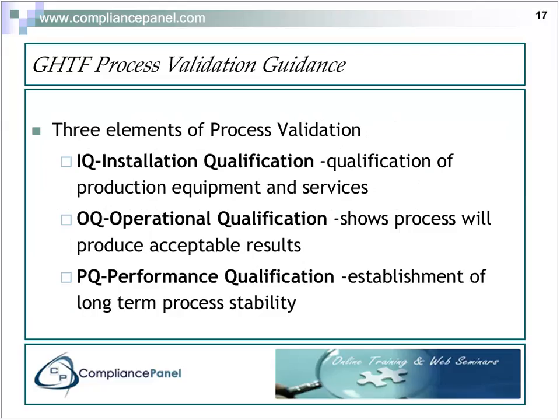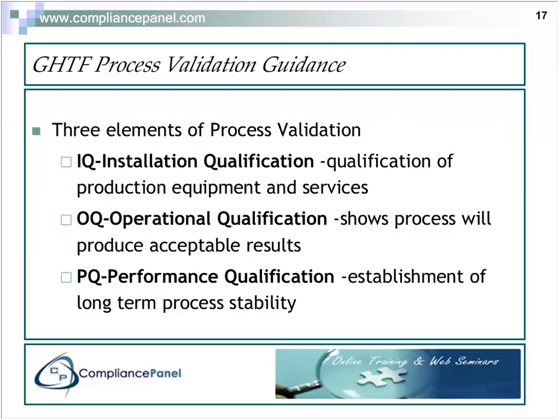Now, process validation, as described by the Global Harmonization Task Force, is broken down into 3 elements. There's a similar breakdown in the earlier FDA document, but it wasn't described quite like this. We have 3 phases. The first is installation qualification.